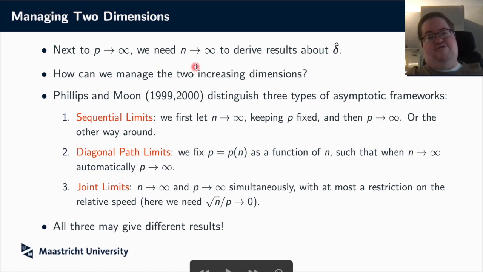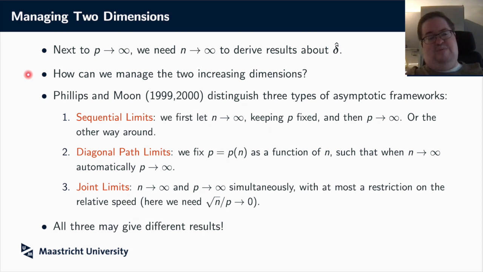Now, to manage these two dimensions, there are various ways we can go about it. So what we did in the lasso to manage them was essentially make p a function of n and then look at how fast p could increase. The same you can of course do in factor models, but people in factor models have looked at different kinds of asymptotic frameworks as well.